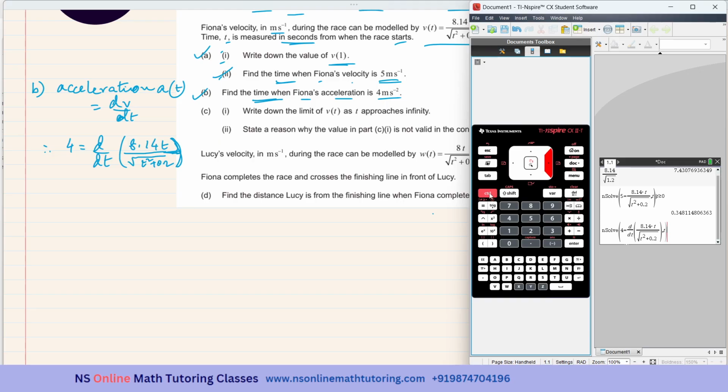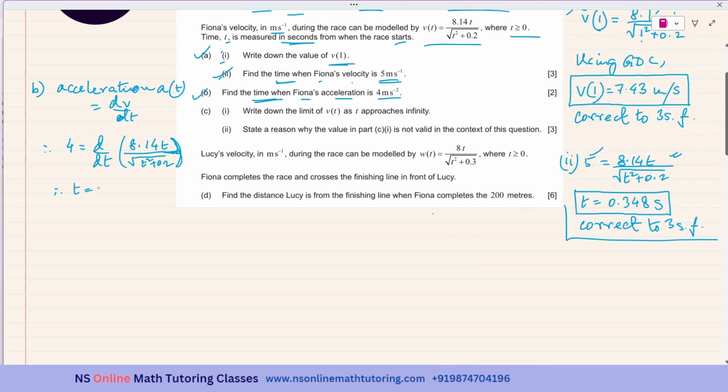And again I am giving the condition, t is greater than or equal to 0. 0.591, I am taking correct to 3 significant figures because it is 0.5909. So therefore, t is equal to 0.591 seconds correct to 3 significant figures.